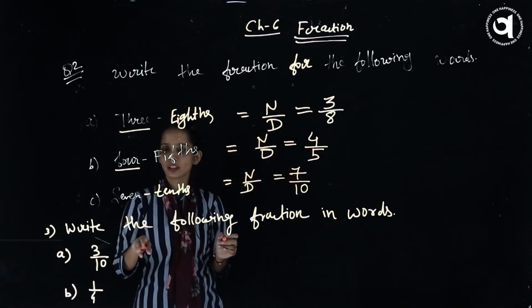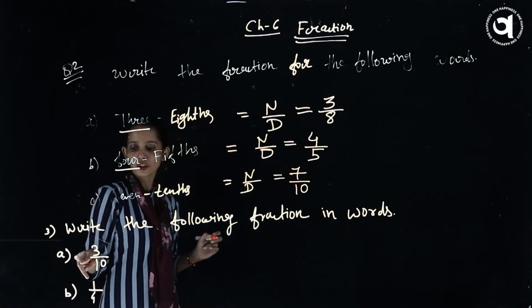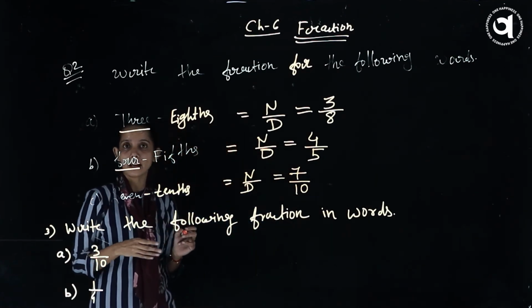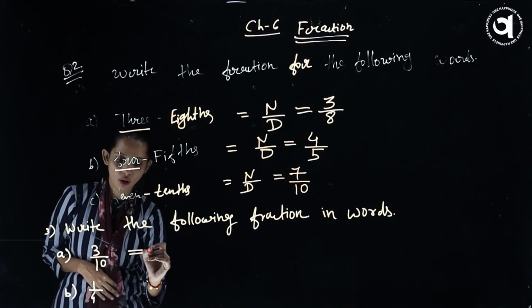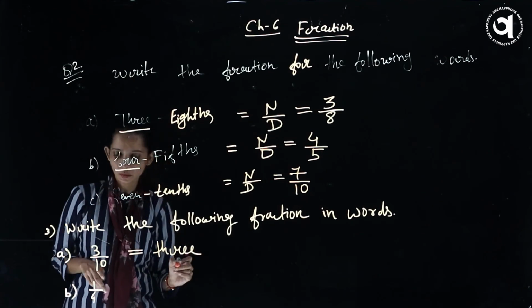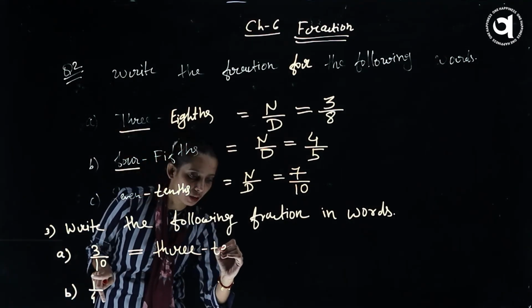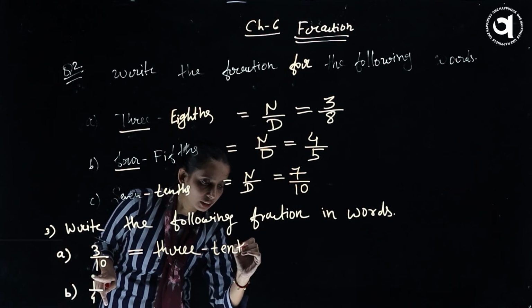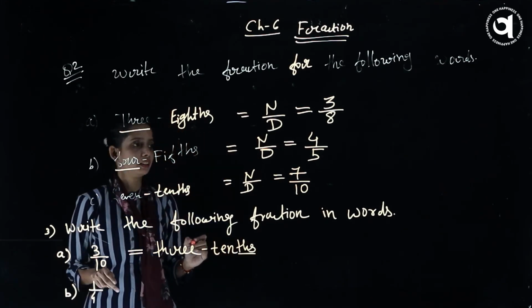Now the third question: write the following fractions in words. Here the fraction form is given and you have to write this fraction form in words. So first you have to write 3, and after that you have to write 10th. Here you have to add THS to that.